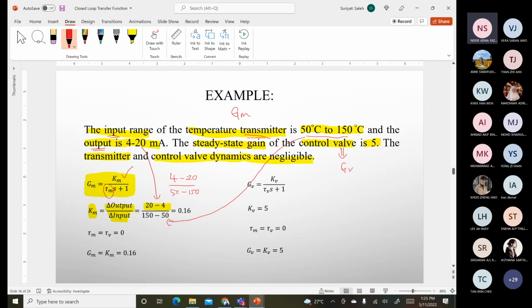How about the tau M? All right, so this can be referred to the last sentence. The transmitter and control valve dynamics are negligible. So normally if this term is used, it means it's referring to your tau, the time constant.